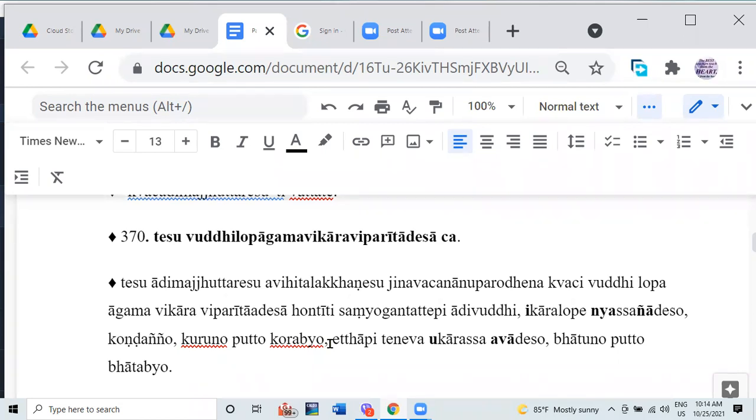Let me explain, to make changes to these words. There have been no suttas. That's why at the time we use this sutta.